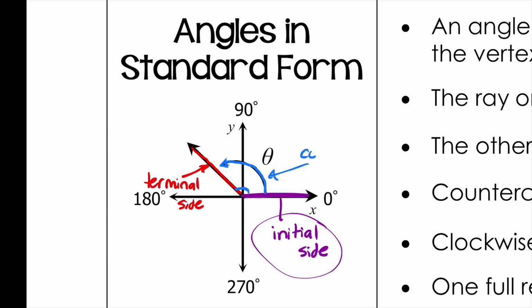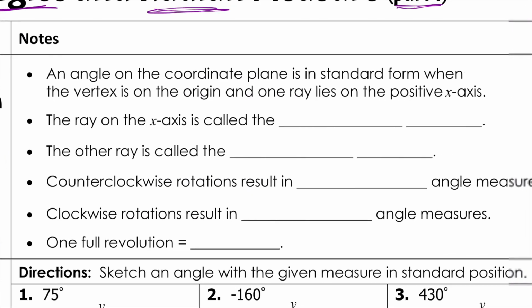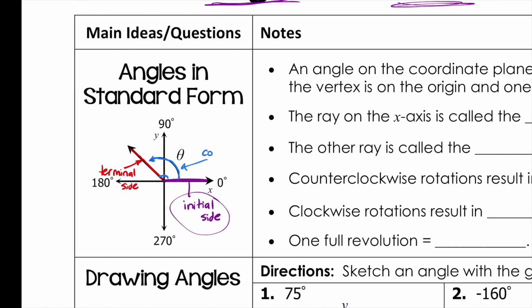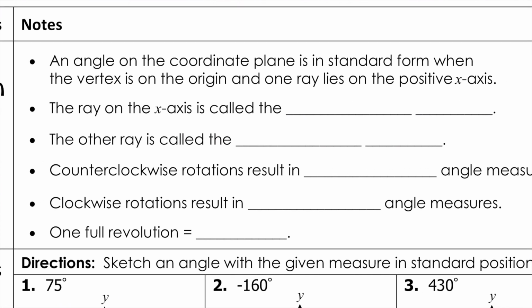So if we look here, we can look at our notes. An angle on the coordinate plane is in standard form when the vertex is on the origin and one ray lies on the positive x-axis. This purple side is on the positive x-axis. The ray on the x-axis is called the initial side. The other ray is called the terminal side.